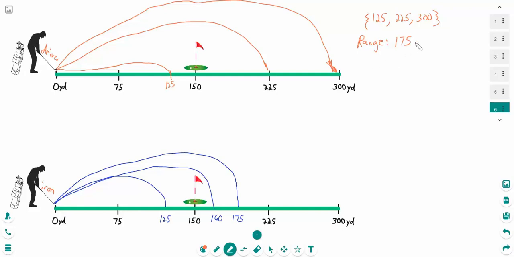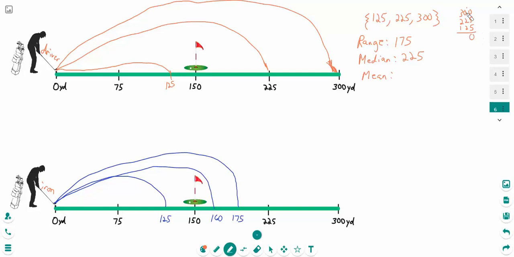Then let's talk about the mode. Well, neither one of these are going to have a mode, so we won't worry about it. Let's go right on to the median. The median is the middle number. The median's 225. And then what's the mean? The mean, we'd have to add them up. So we have a 300, we have a 225, and we have a 125.